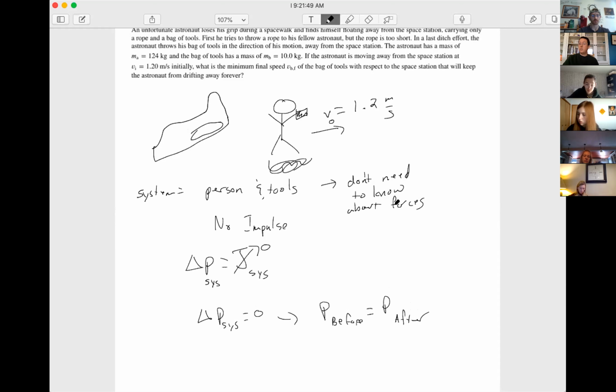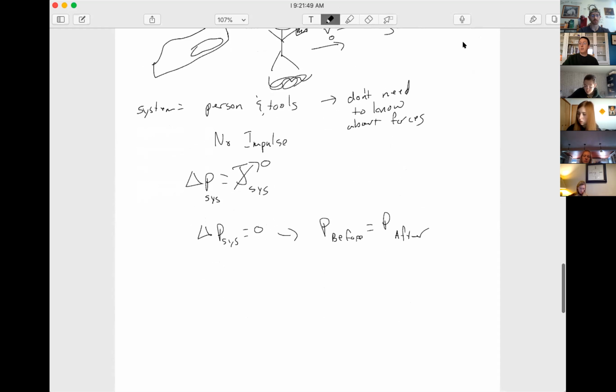It's actually very much just like the last problem we did. All that you have to do is write down the formula for the momentum of the system. So that's going to be the mass of the person times the velocity of the person plus the mass of the tools times the velocity of the tools. And then apply this formula before and after.